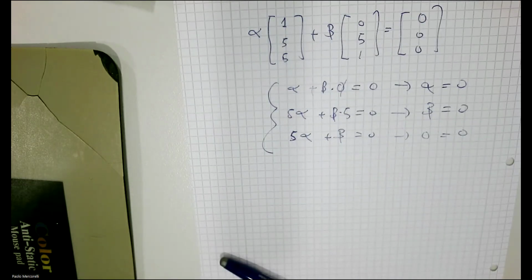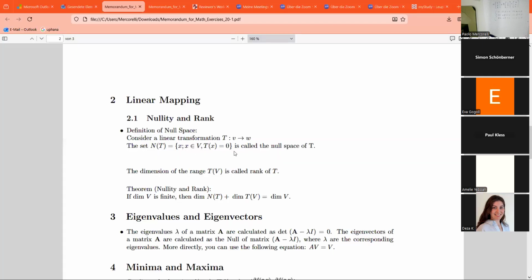Here in the memorandum, we have the null space, nullity and rank. We can see a little bit theoretically what I told you. Very important, this theorem here reflects theoretically exactly what I am telling you now.